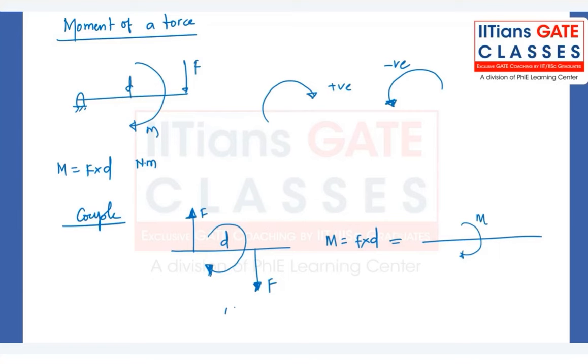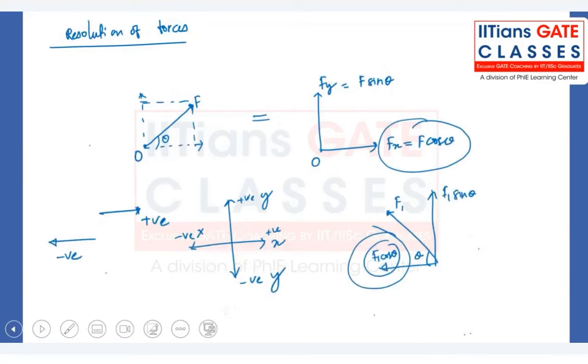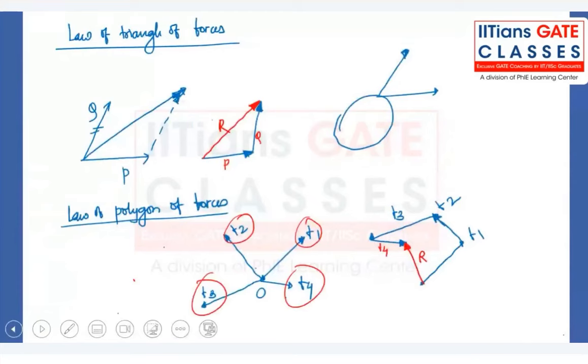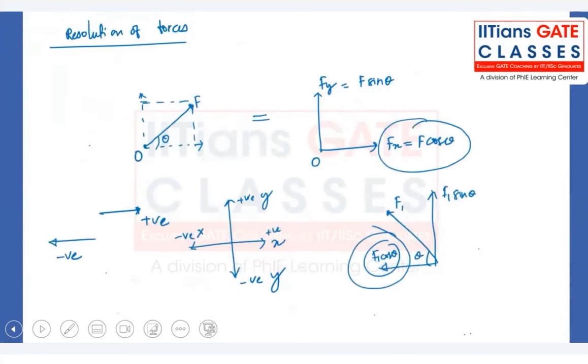We got one question here. For the law of triangle of forces and law of polygon, these laws are applicable for the forces acting at a point on a body. Remember, not on different points. If it is on different points, it will create moments and things will be a little complex there.